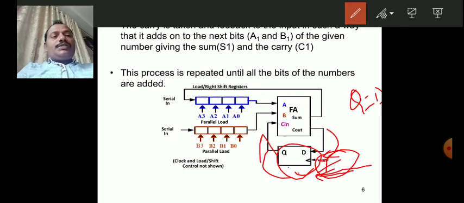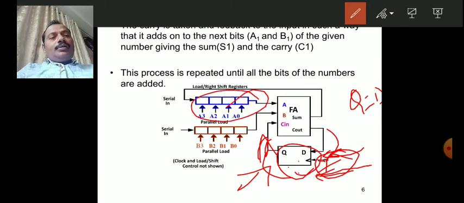Q equals D; this is the output, and this is the input of the D flip flop. For every clock pulse, the bit is shifted, and the sum is shifted to this register, and each bit of this register is also shifted right.